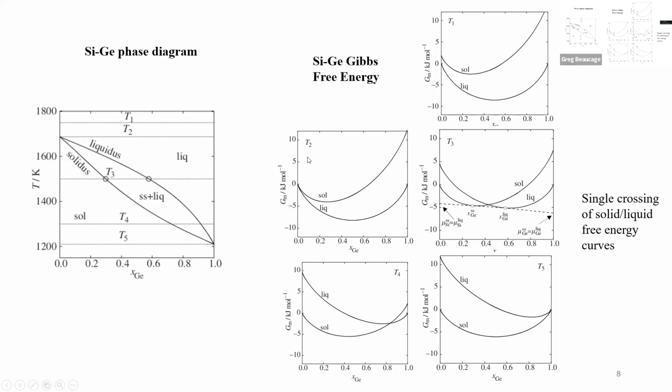So you go to T2 and you get that point, and if you go to T3, then you have the two phases in equilibrium. That means the solid and liquid curves cross, and you can draw a common tangent, and that common tangent defines the two phases in equilibrium with each other, a solid and a liquid phase.